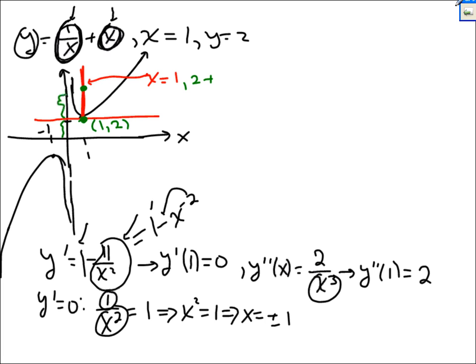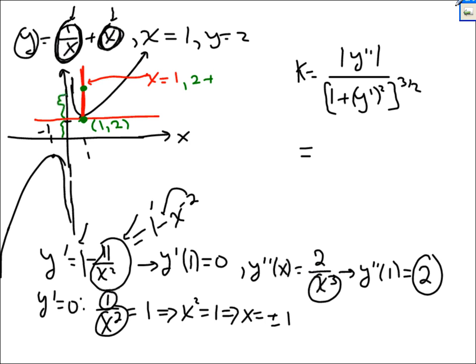So now, if I'm not mistaken, we're in a position to find the curvature. It's y double prime at 1 divided by (1 plus y prime squared at 1) to the 3/2 power. Well, y double prime is 2, over 1 plus y prime of 1, which is 0. 0 squared is 0. 1 plus 0 is 1. To the 3/2 is still 1.